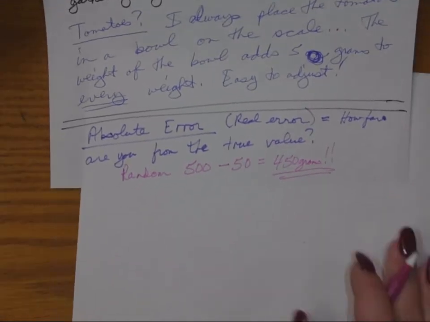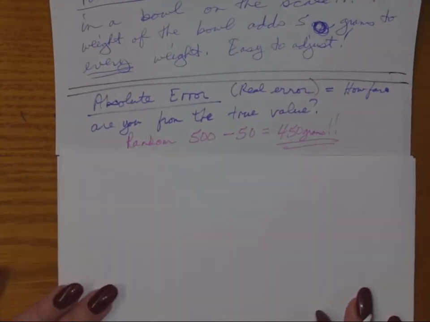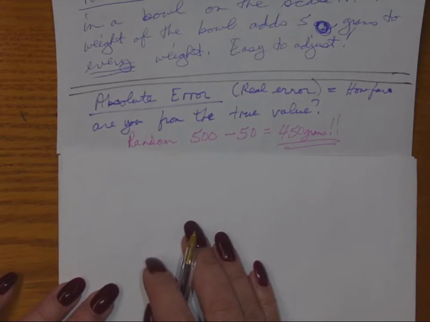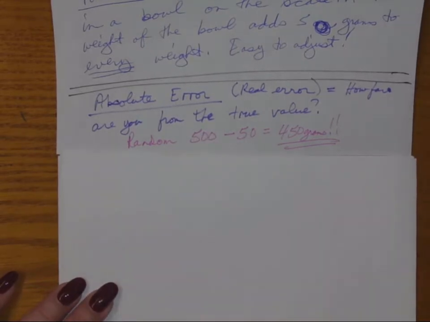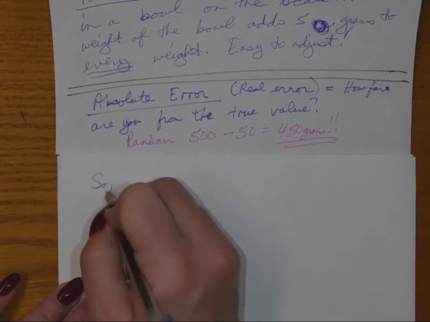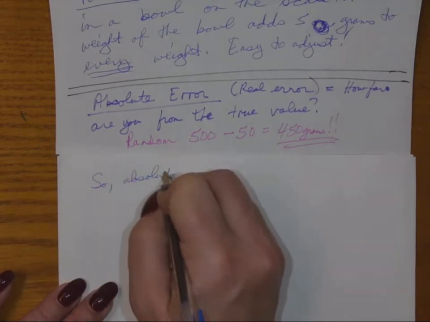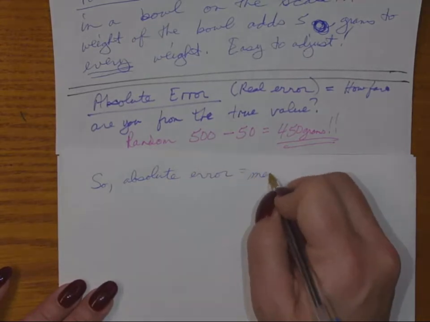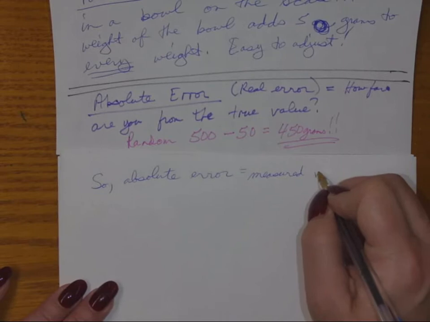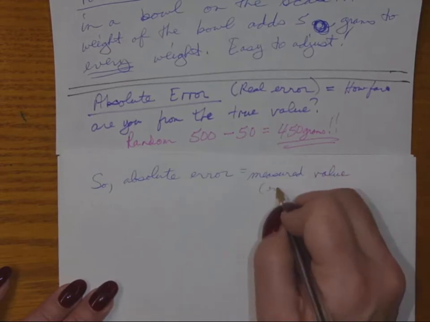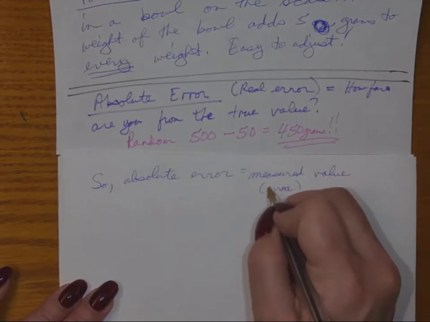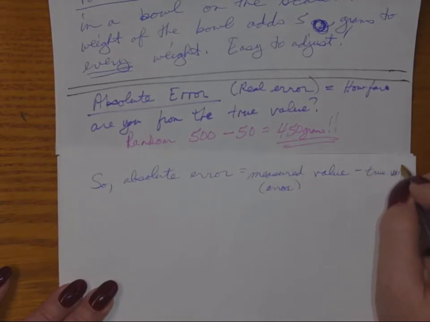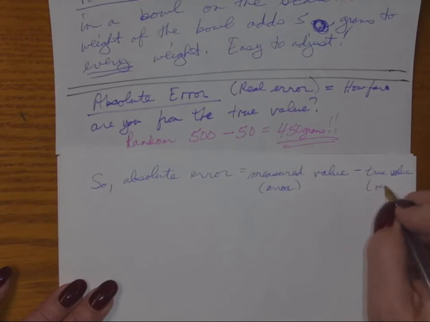Okay, so if I wanted to find that calculation, I just did it naturally right there, we're going to figure out a process to know how far I am from the true value. So what do we do? In order to find the absolute error, how far you are away from what you should have had, we took the measured value, or the wrong one, the one that has the error, and we subtracted the true value, or the real value.